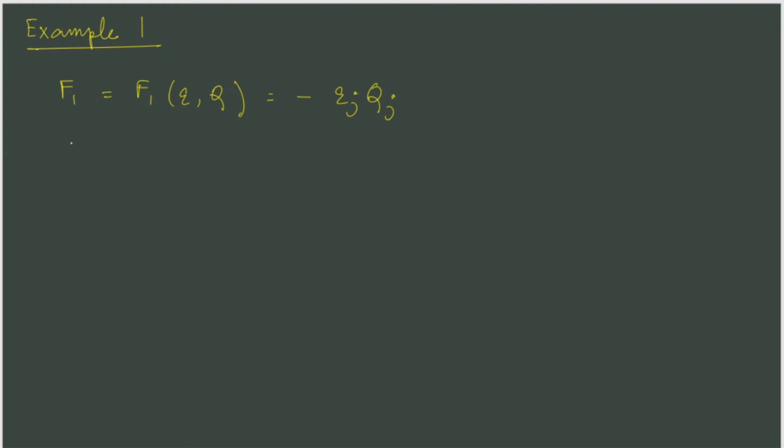We can easily construct that. Say for example, F1 is this, as we derived just now. So Pj is equal to del F1 del Qj, and that gives us Pj is equal to minus capital Qj. So it looks like we are interchanging the coordinates. And what about the other part?